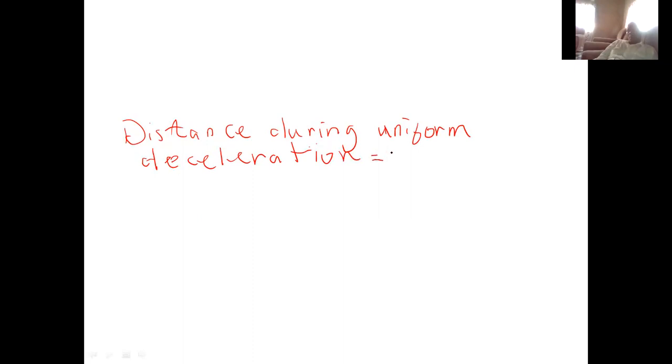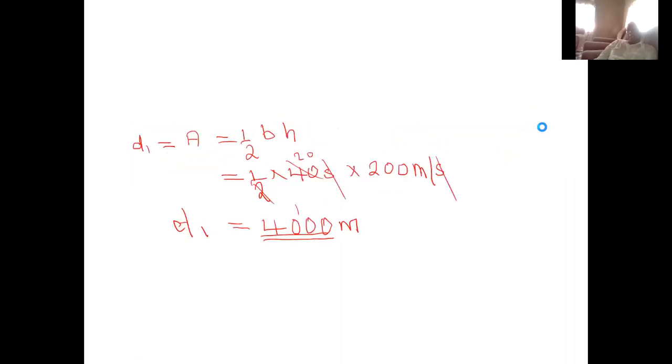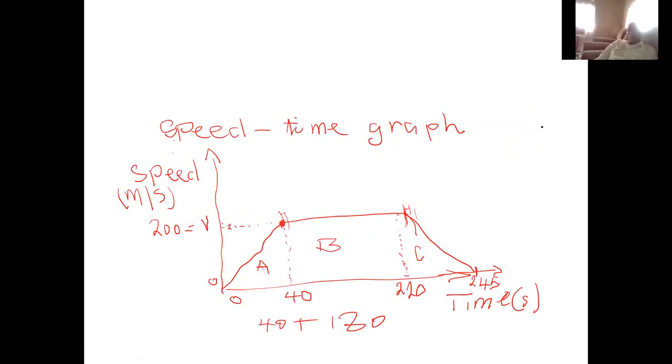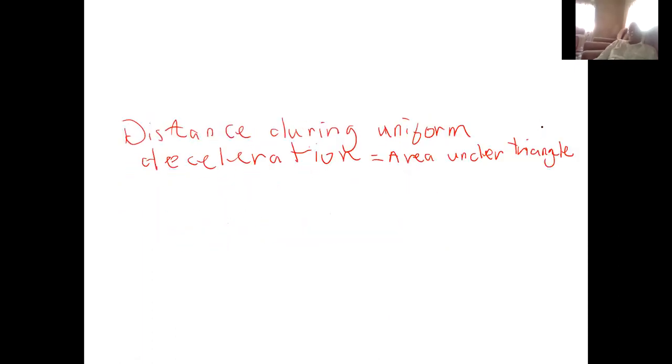would be equal to the area under the triangle, the area under the AC triangle, which is marked by C. So we can call this one distance 3.